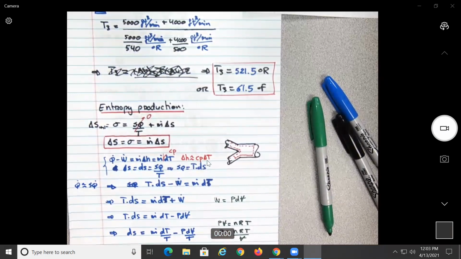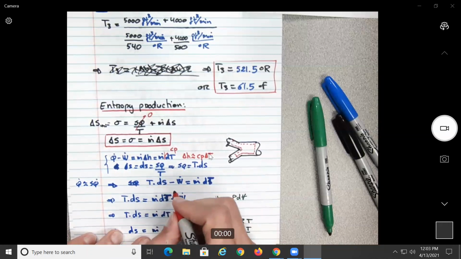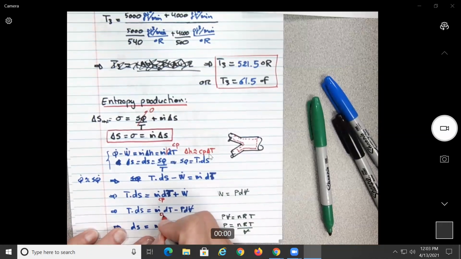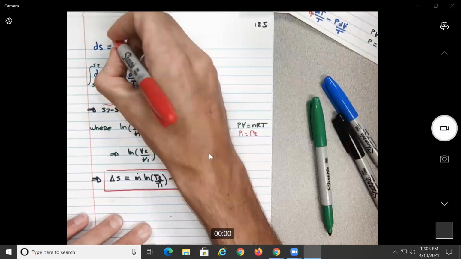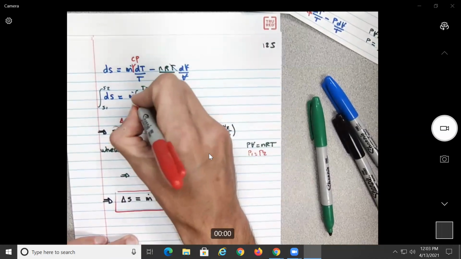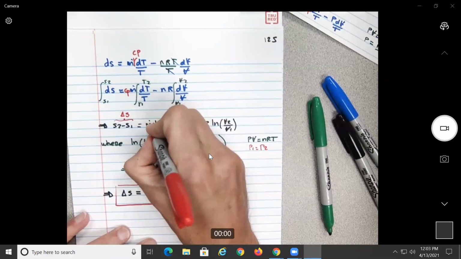So I forgot all that CP all over the places going in here. So there will be a CP here, CP here, CP here, CP right here, CP right here, CP right here.